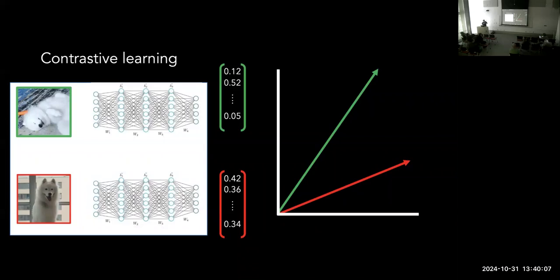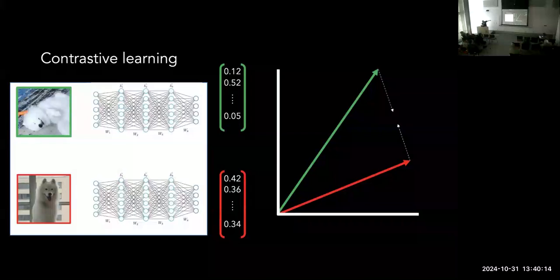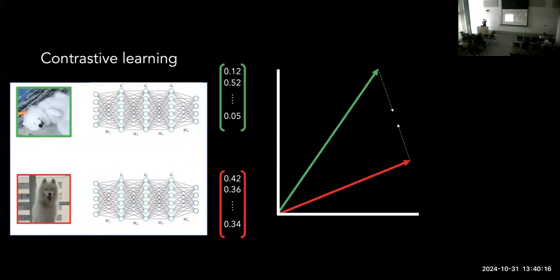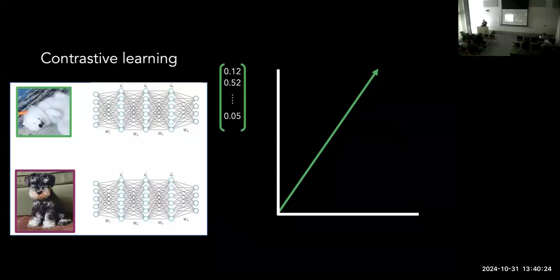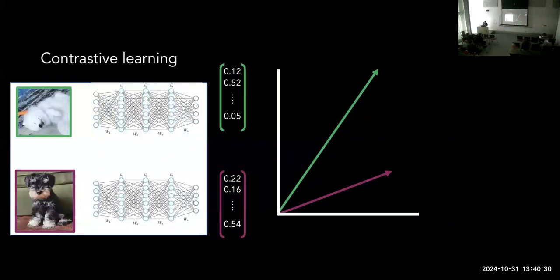And what I want now is that since they're representing the same thing, namely this beautiful dog, these vectors should get closer, right? And in contrast, if I then also use this very beautiful baby schnauzer, I get a different vector. However, this represents a different thing, so I want that they don't get close at all.